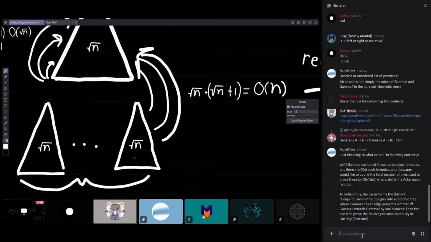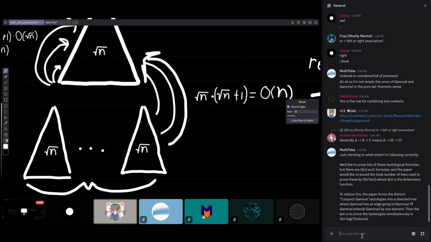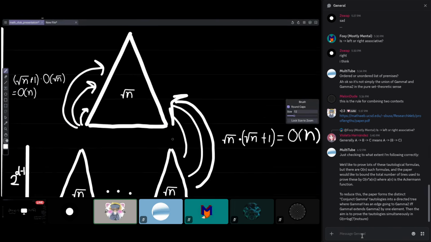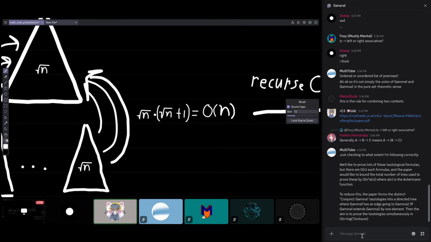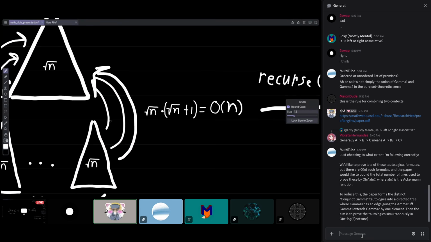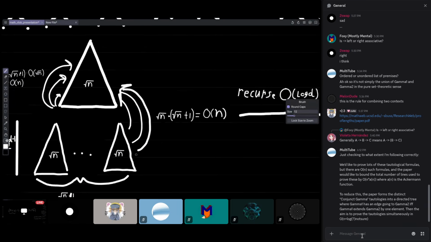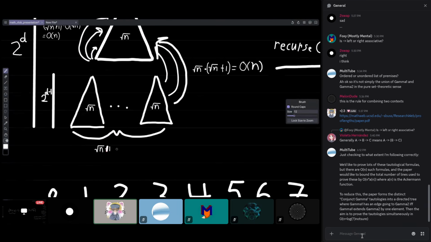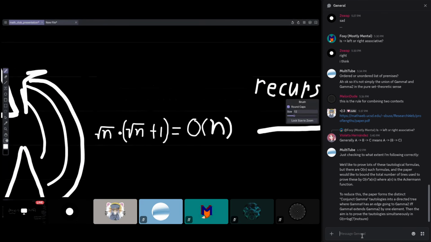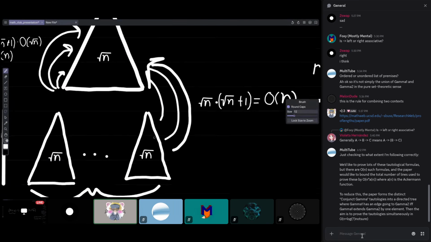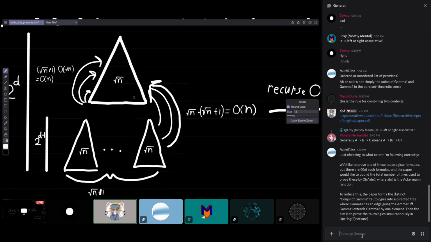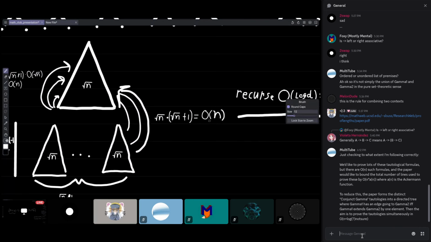If you jump from one of these subtrees to the cut, how many arrows do you need? You need root n for this one subtree, and you have root n+1 subtrees total, right? So you need about this many edges if you just want to jump from the bottom subtrees to the cut, which is on the order of n.